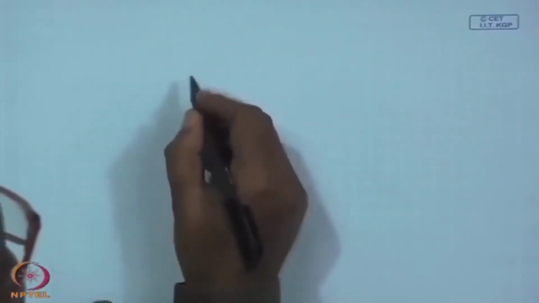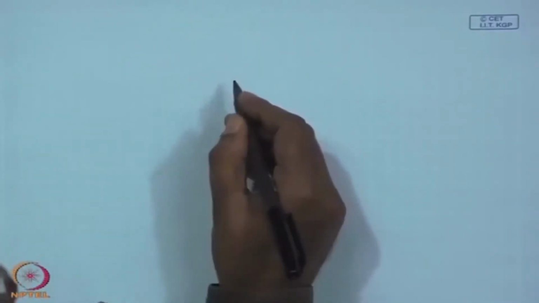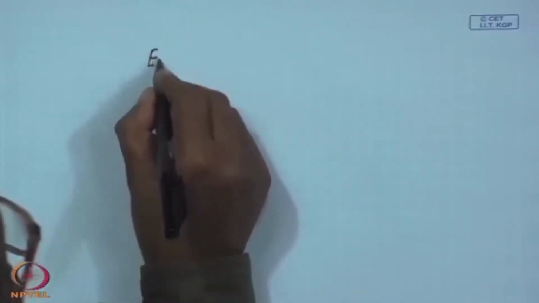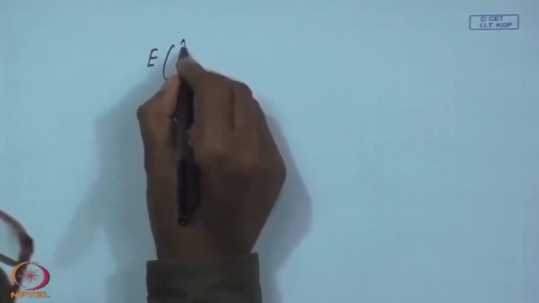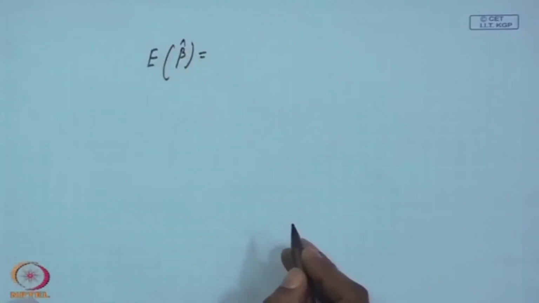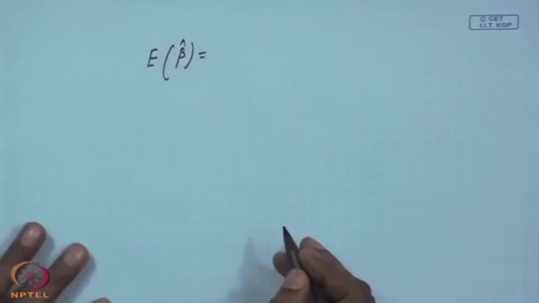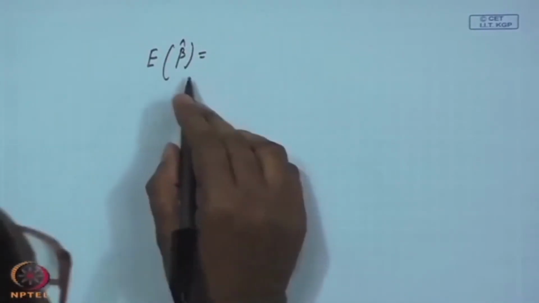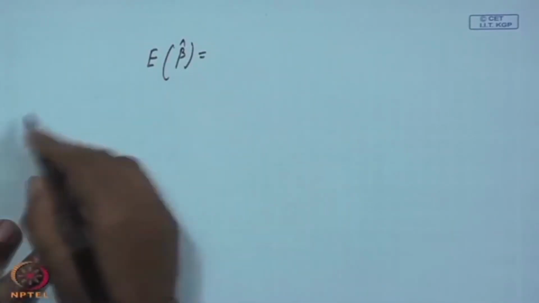For a distribution, you need to know the expected value of beta cap. We want the distribution of this, so we first require the expected value of beta cap.